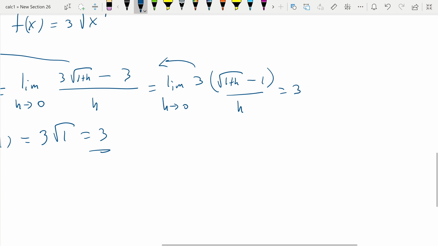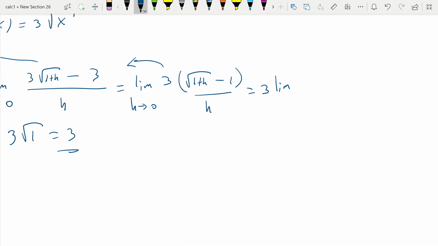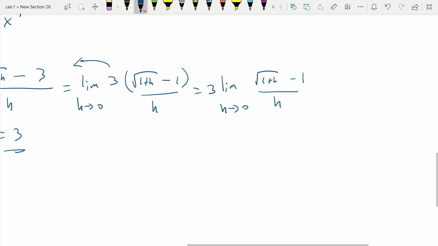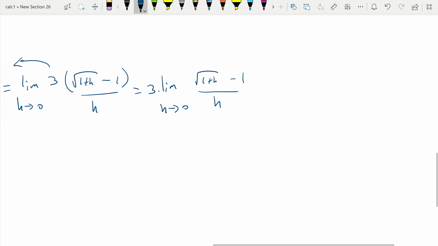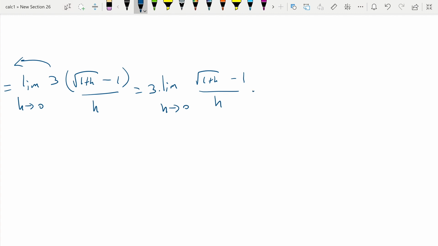So we have 3 times the limit as h approaches 0 of the square root of 1 plus h minus 1 over h. To compute this limit, we go back to the first couple of weeks, and what we do is multiply top and bottom by the conjugate, the square root of 1 plus h plus 1, divided by the square root of 1 plus h plus 1.